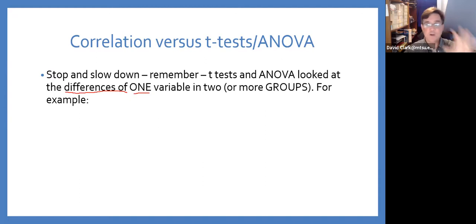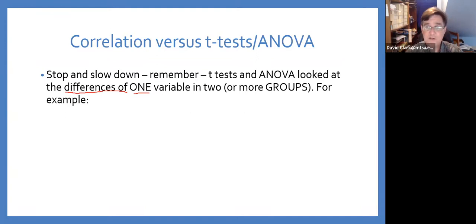So you've got a group, and you're measuring intelligence, and you compare average intelligence, or you've got a group, and you're measuring average vertical leap. Remember, you're comparing group means. You're comparing the means of one group to the means of another group, or a third group, or a fourth group, and so on. So just a quick little review.